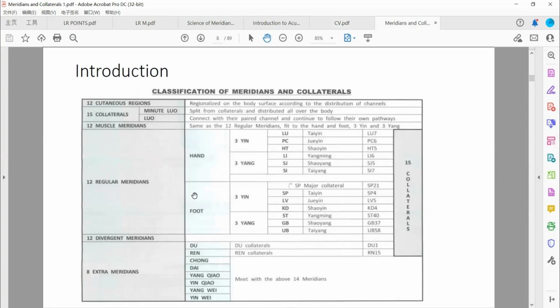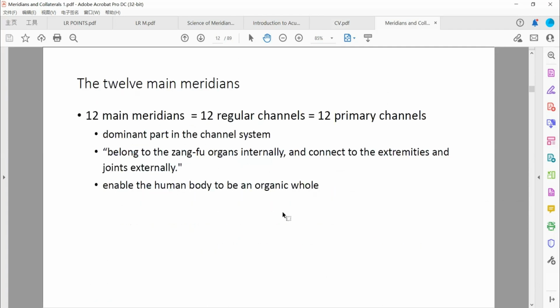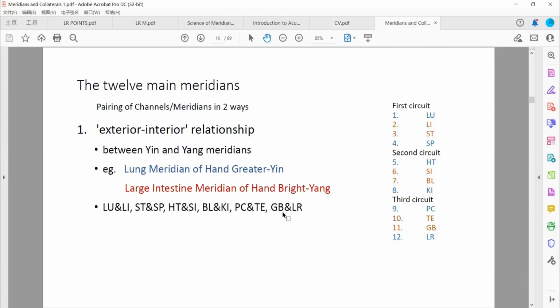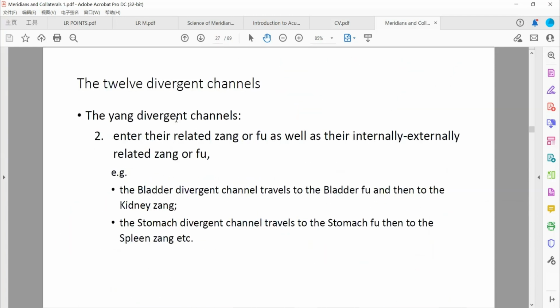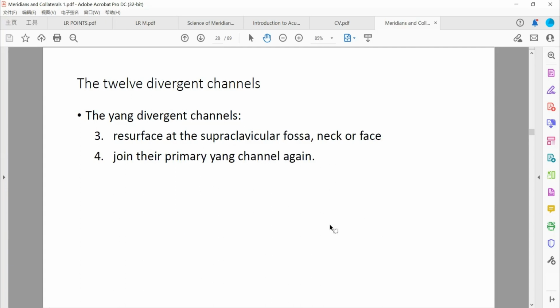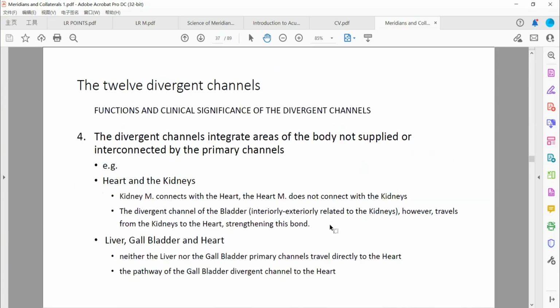That's the introduction of meridian. You have this file too, and I put the actual meridians here.